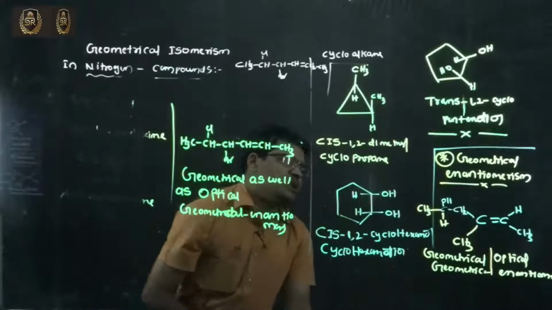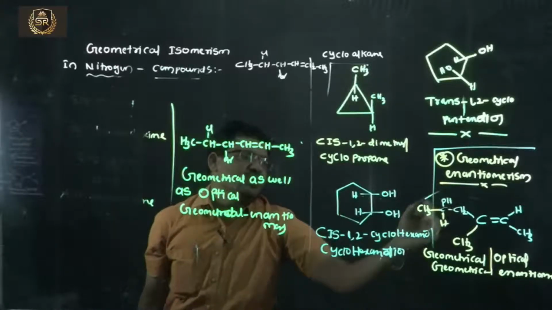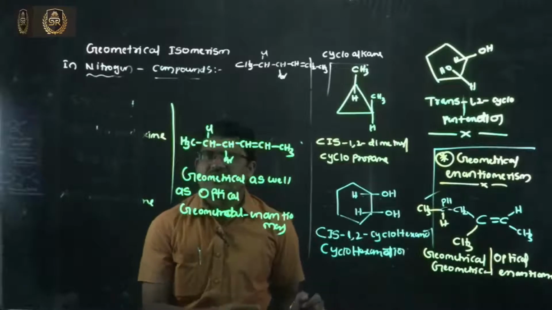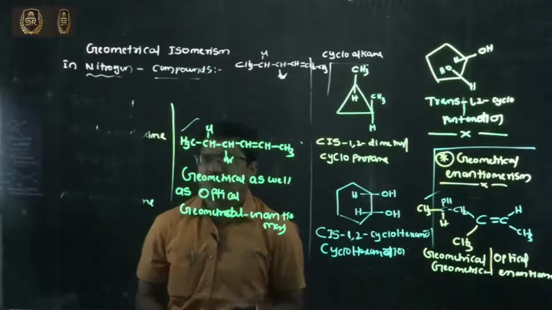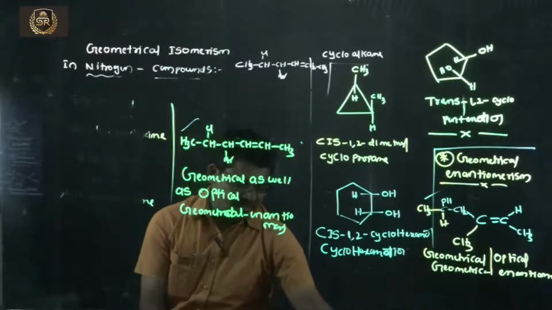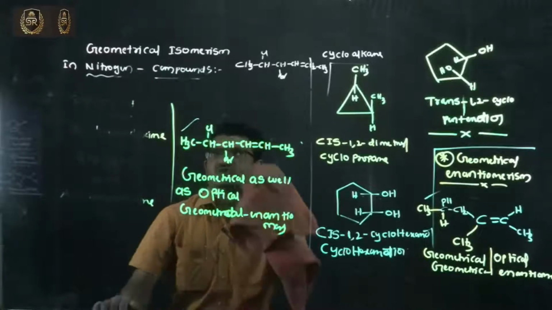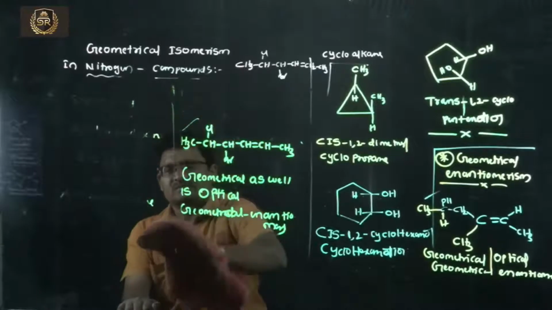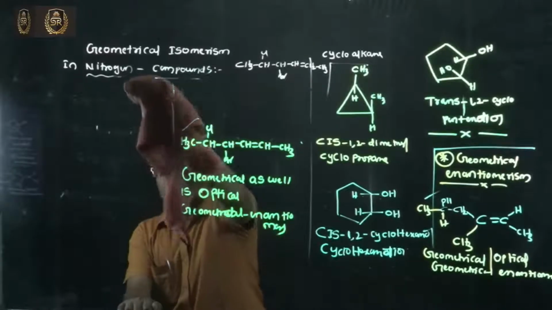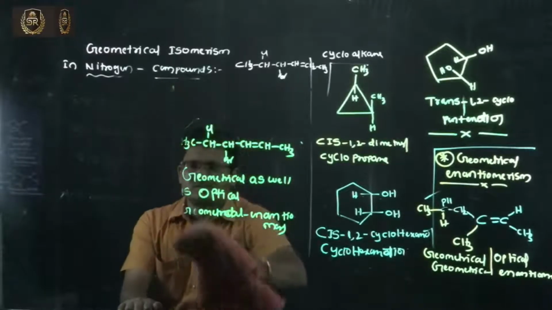Geometrical enantiomerism is from geometrical as well as optical isomerism. That's why these structures are called geometrical enantiomerism.